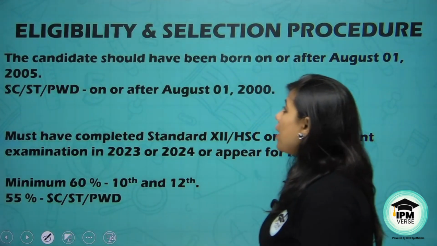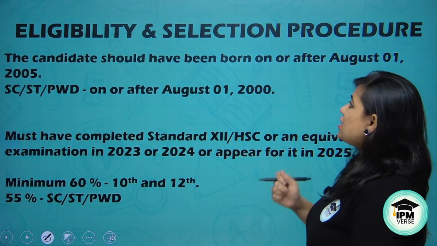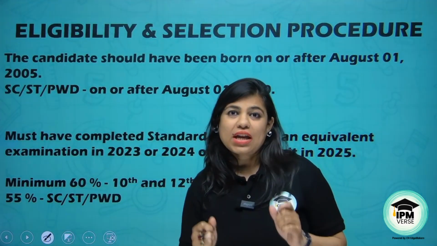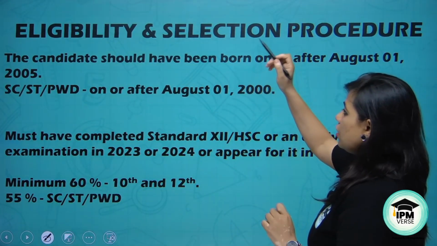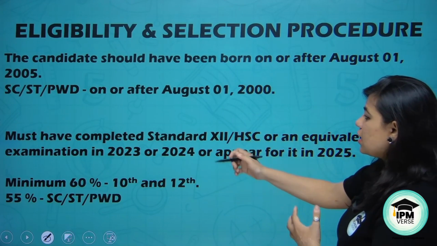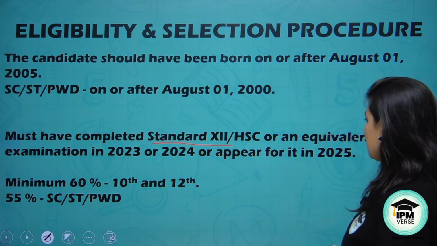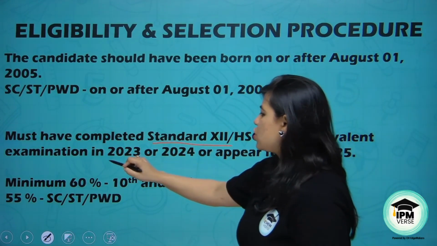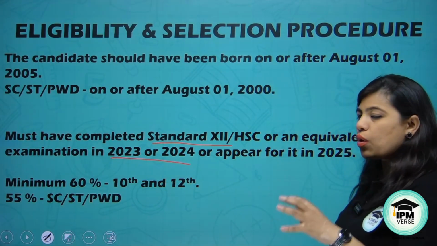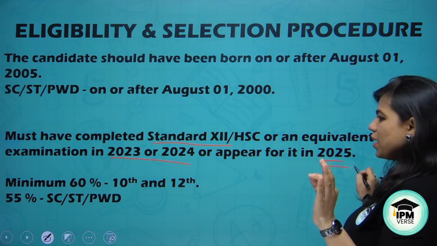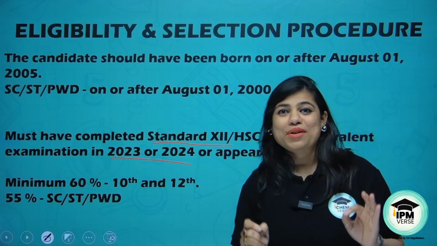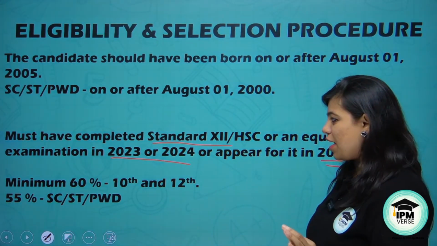Now, what is the eligibility criteria for appearing in IPMAT? If you have completed grade 12 or an equivalent examination in 2023 or 2024, or if you're appearing for grade 12 in 2025, then you can appear for IPMAT 2025.